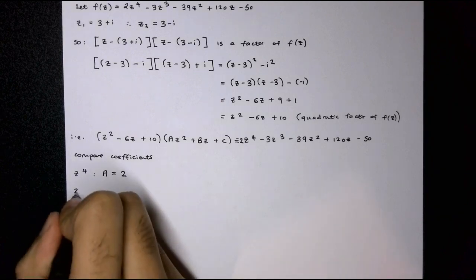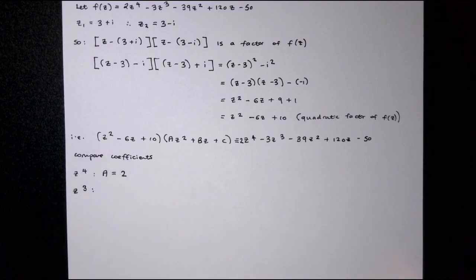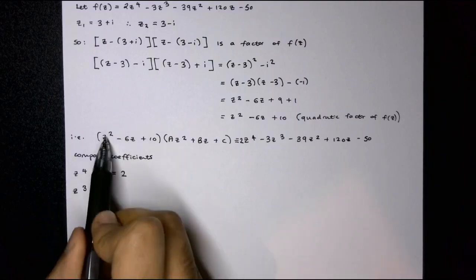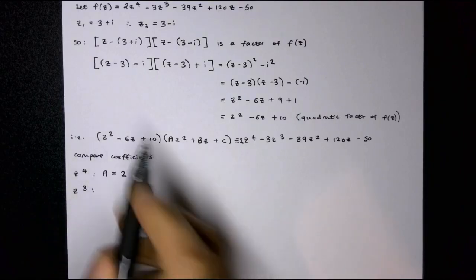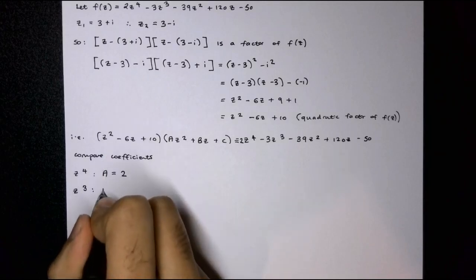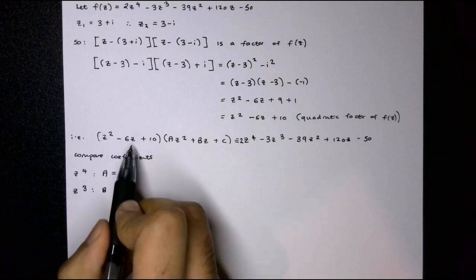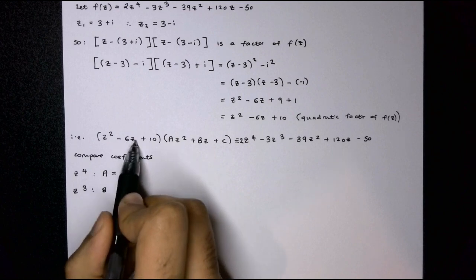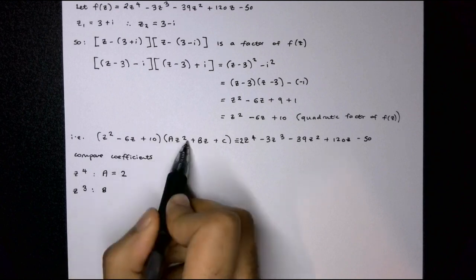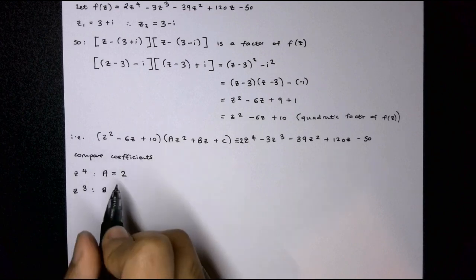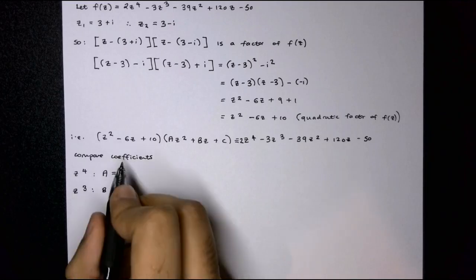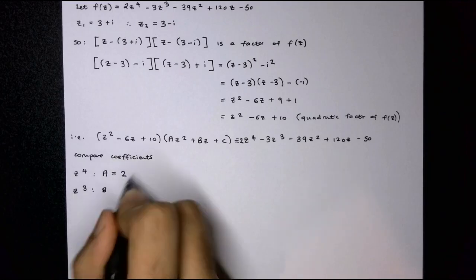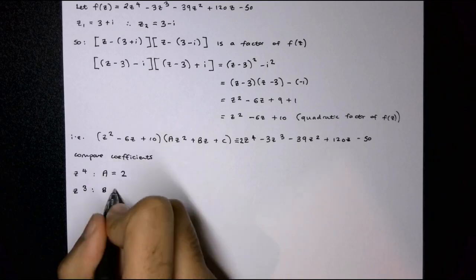If we now consider the z cubed terms, on the left hand side, z squared times by bz gives a z cubed, so the coefficient there is b. Then we have minus 6z times by az squared, that gives a z cubed term, so the coefficient will be minus 6a.